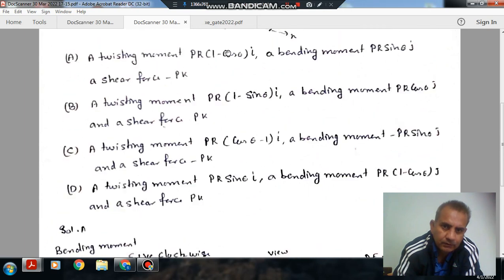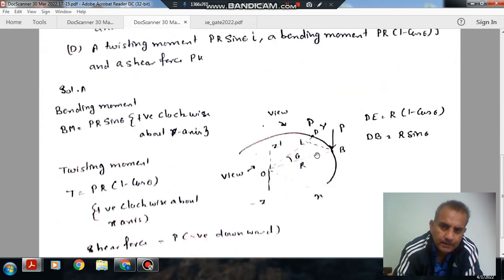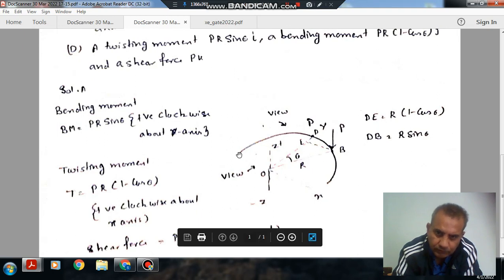So the answer is a twisting moment PR 1 minus cos theta and a bending moment. When this load is acting, it will cause bending, and it will cause twisting, as rotation of this about this, because it is fixed at this point.